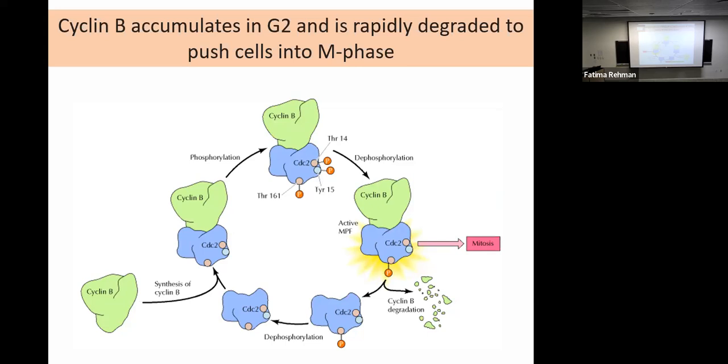It's going to start binding to CDC2 and getting phosphorylation by WEE1 of all those little CDC2 parts so that it's no longer active. It's not going to be activated. And then it goes through those cycles again and again. So what triggers the cell into mitosis is dephosphorylation of the two phosphates put in by the WEE1 kinase and degradation of your cyclin B.